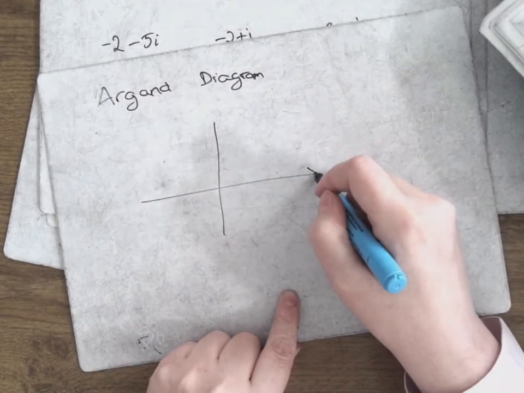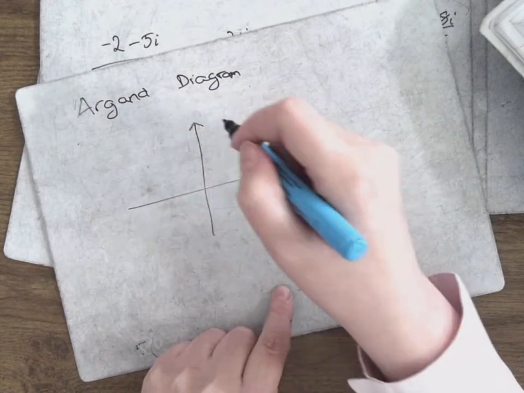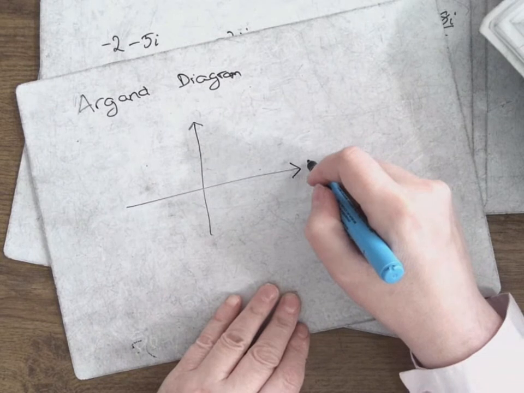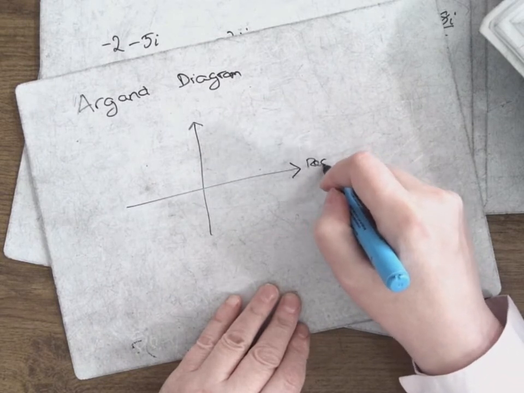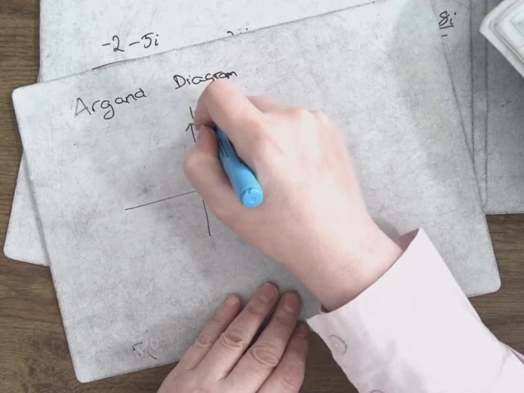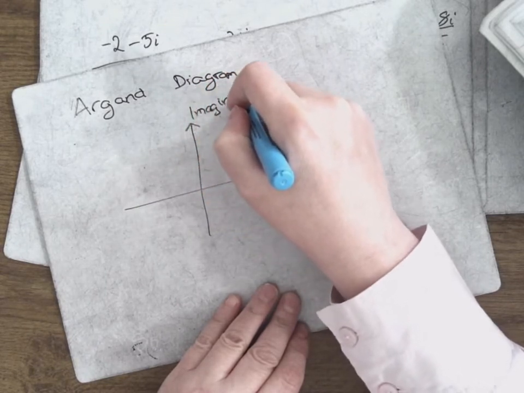What was this called? The x-axis. And what was this one called? Y-axis. So instead of the x-axis, in an Argand diagram, you have the real axis and you have the imaginary axis. So instead of x and y, I have real and imaginary, right?